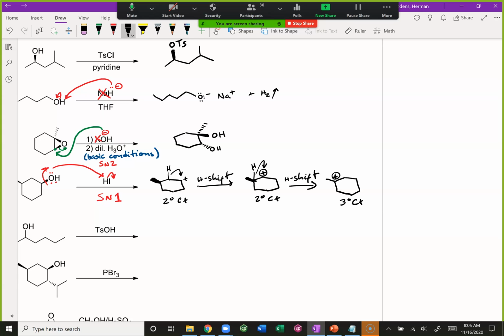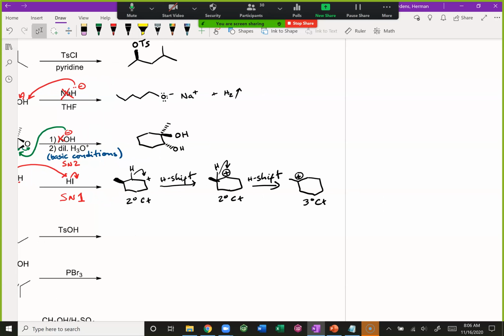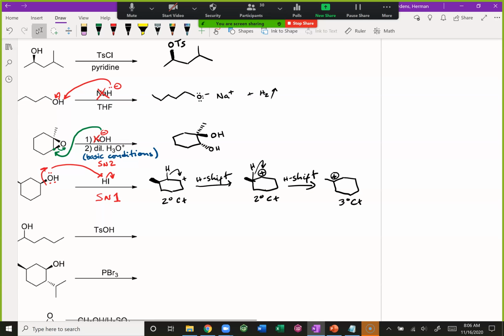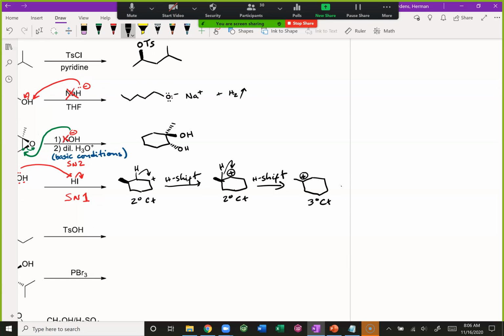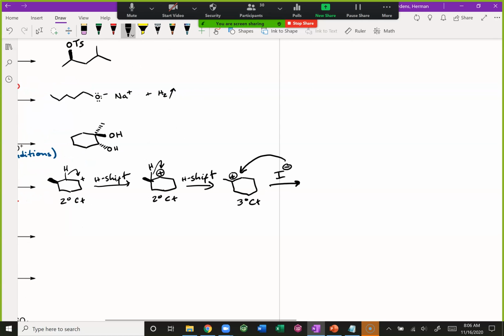So now your iodine has the potential to produce how many products now? 6. So your iodine can go up and down there.